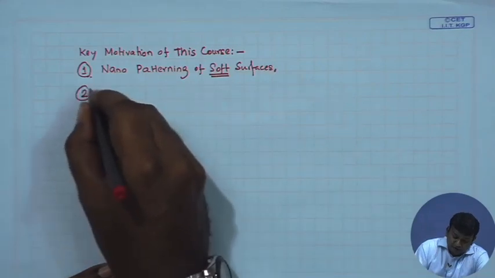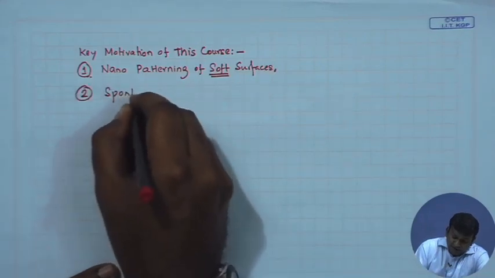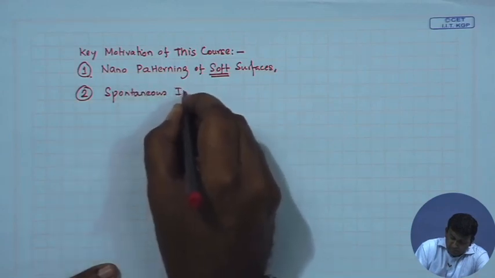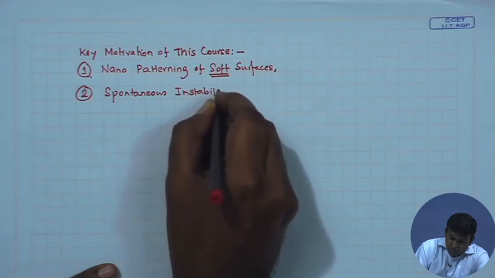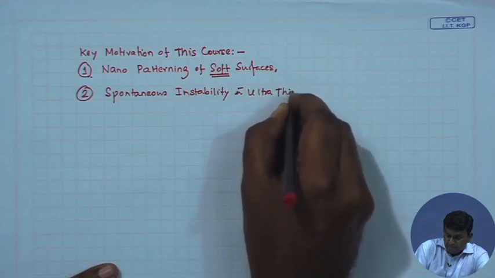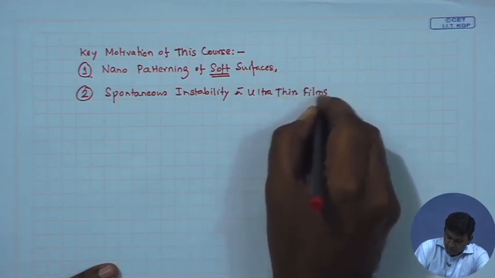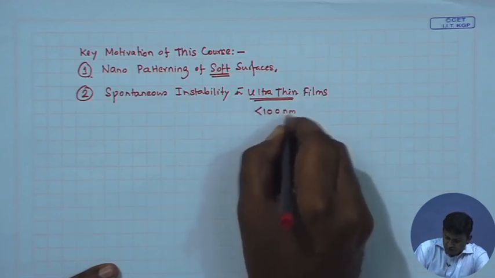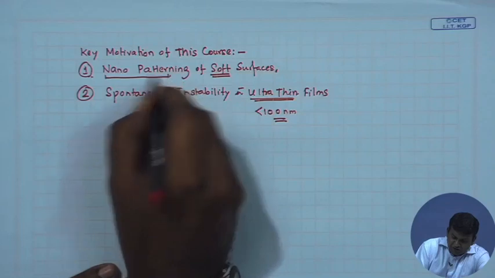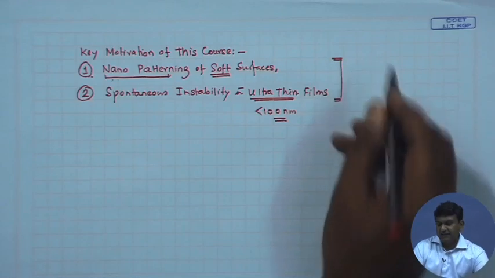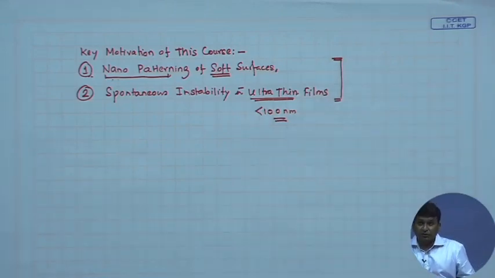The second one is spontaneous instability in ultra thin films. So, where is nano here? This ultra thin is like less than 100 nanometer, and these are sort of structures which are nano and meso scale. So, these are sort of the two key things which, to start with, will look slightly decoupled to you, which we will focus on.